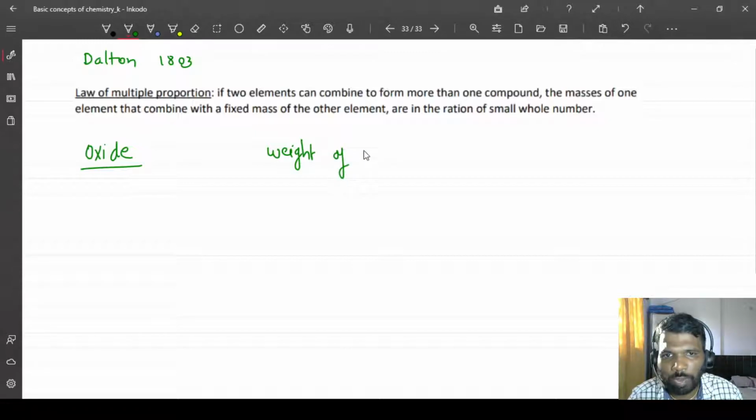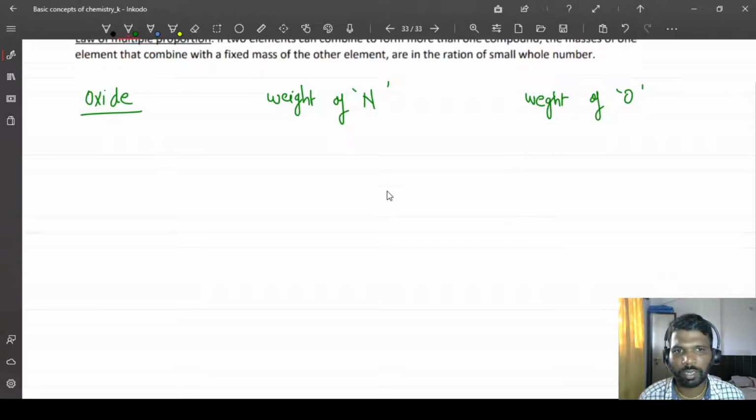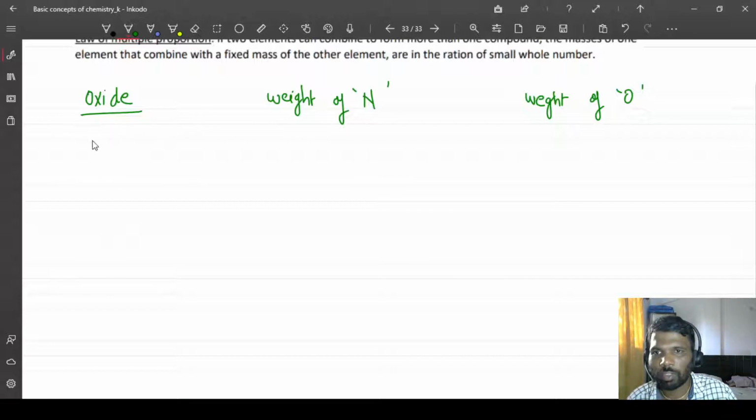Now I will write the weight of nitrogen and the weight of oxygen getting combined. Here I will write certain oxides of nitrogen. This is the oxide N2O.